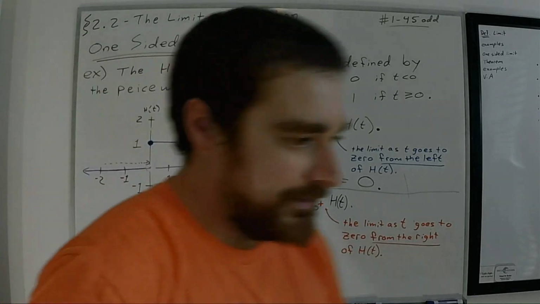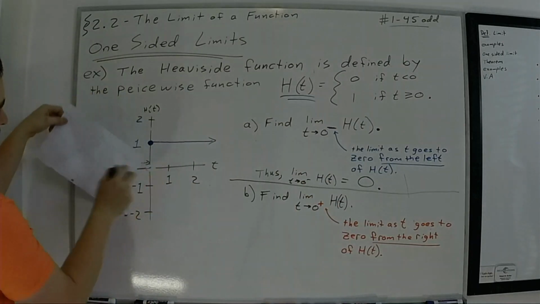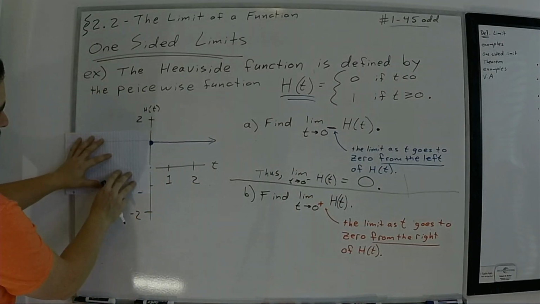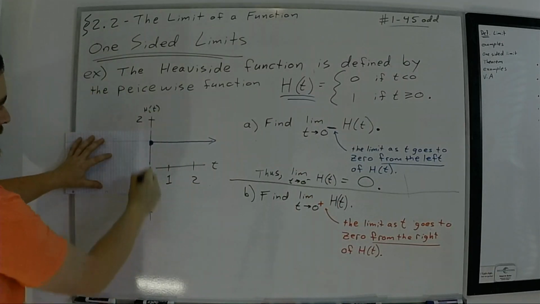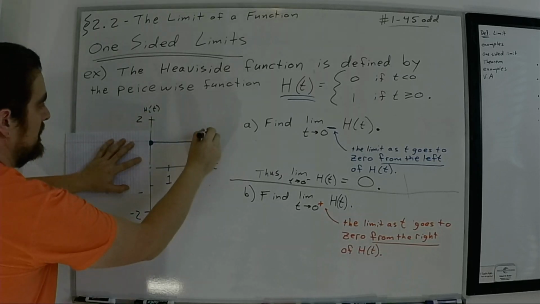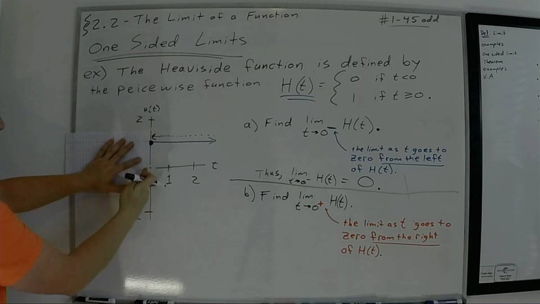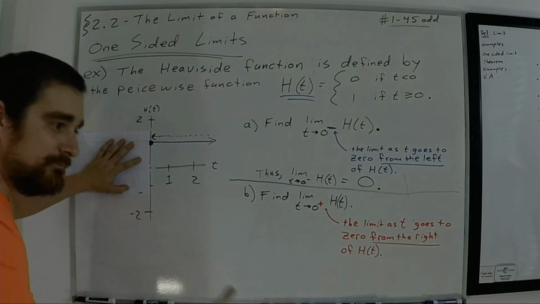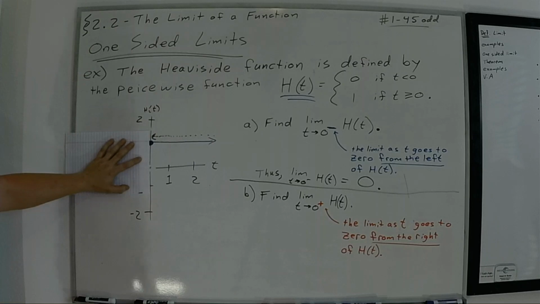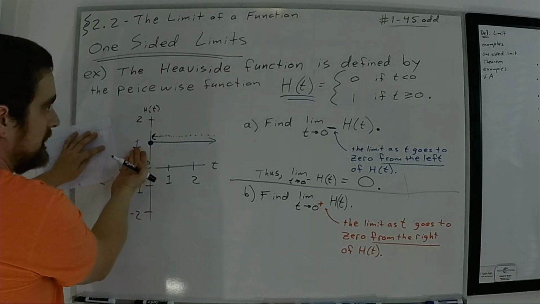Now, again, let me steal my piece of paper here. We do not care about this side at all. Here's t equals 0, it's right there at the origin, and I only care about coming in from the right, closer and closer and closer, as close as I ever want to get to the actual number 0, but never actually being 0. Again, we can do it numerically on the table on our calculator, or graphically, we can see it here.